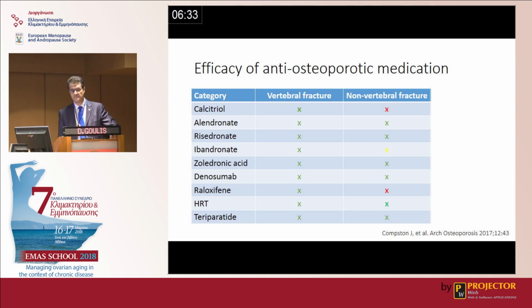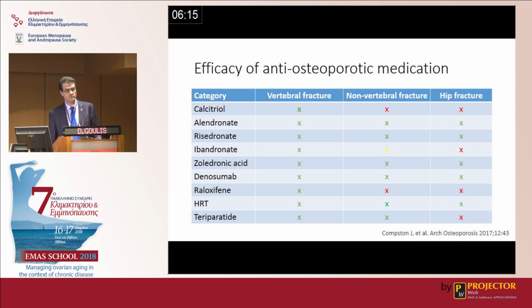As you can see, there are some red X's, so no established efficacy, and some yellow ones with intermediate efficacy. So the efficacy for non-vertebral fracture remains for the bisphosphonates, denosumab, HRT, and teriparatide. And concerning the most difficult endpoint, because it's the less prevalent, the hip fracture, we lose teriparatide. There is no evidence for efficacy in hip fracture. Of course, we have to keep this in mind when we customize therapy.